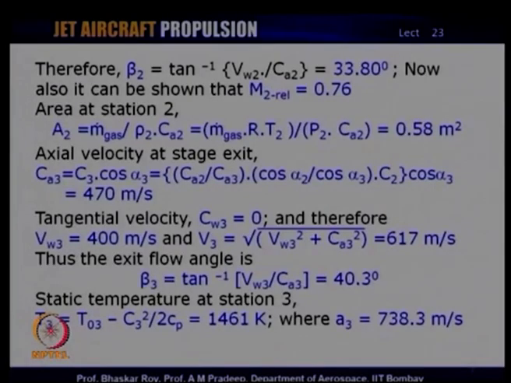Now, it can also be shown that corresponding to this, the M2 relative, that is the relative Mach number at the entry to the rotor, would be 0.76, which is subsonic. Now, we just saw that the exit from the stator, M2, is actually supersonic, that was prescribed as 1.15, and we see by conversion through the velocity triangle, the M2 relative is now subsonic.